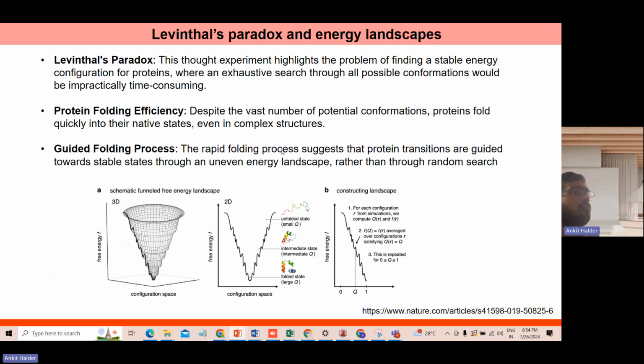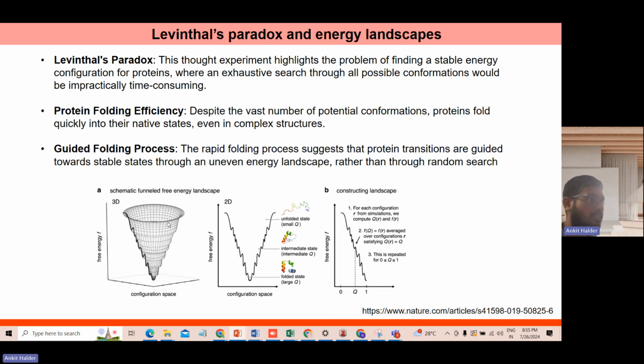The rapid folding process suggests that protein transitions are guided towards stable states through an uneven energy landscape rather than through random search.